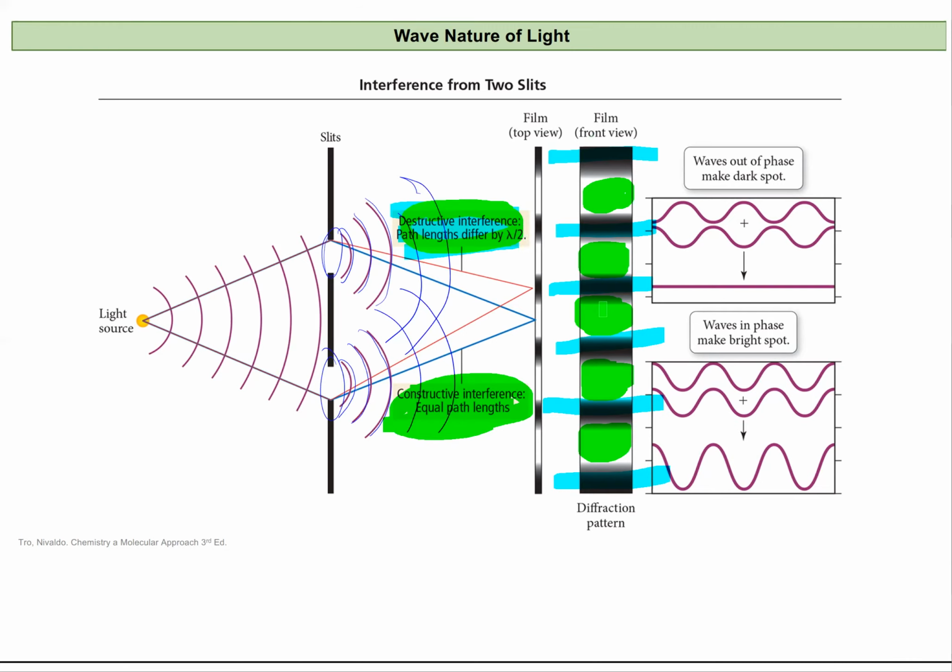And so that constructive interference is right here, showing that these waves add up to one another. And these areas of destructive interference are where the waves are out of phase and they cancel each other out. And so this is this lovely way of looking at light. You can shine it through two slits and see this pattern, and it's a lovely predictable thing that confirms something is light.